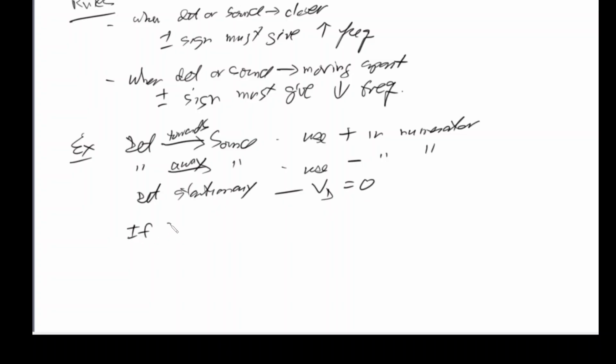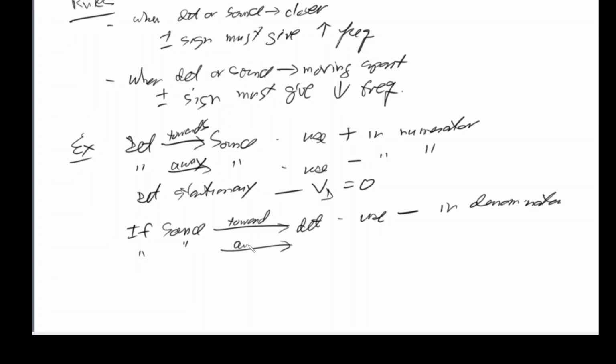Also, if the source is moving towards the detector, and again that could be your ear, then you use the negative sign in the denominator. And if the source is moving away from the detector, you use the positive sign in the denominator.